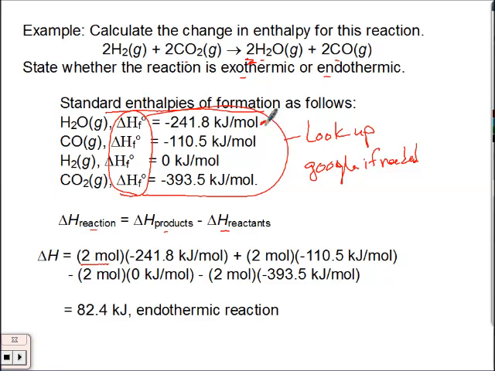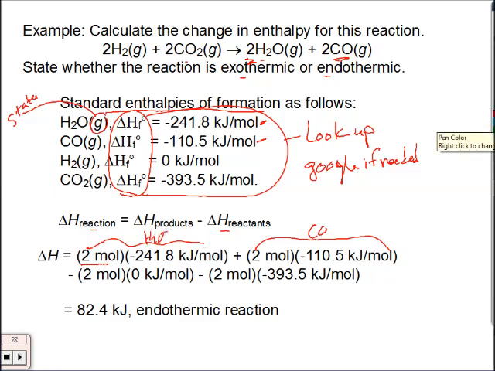Be careful with water, double check the state. Water does have different enthalpies for different states, so check its state. That's the only tricky one. Plus, the other product is carbon monoxide, which is right here. So this is for the carbon monoxide. This one is from the water.